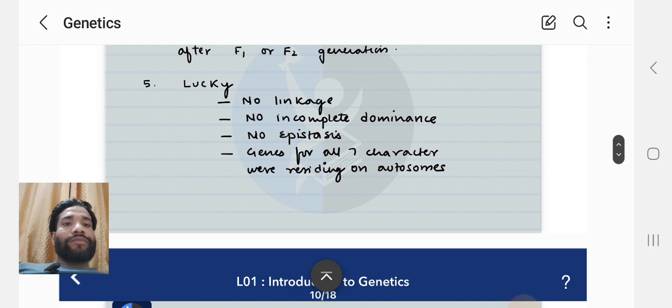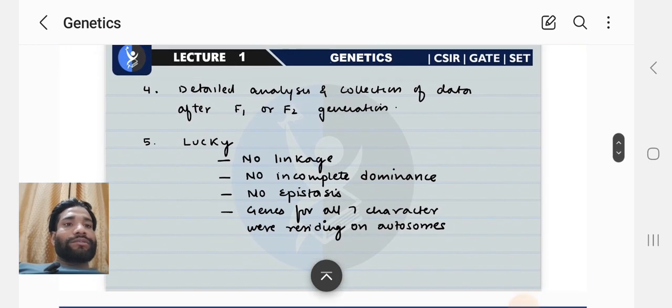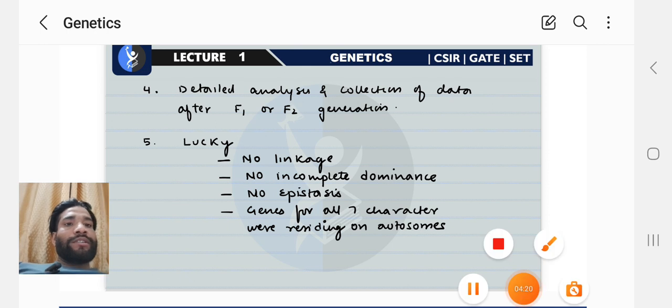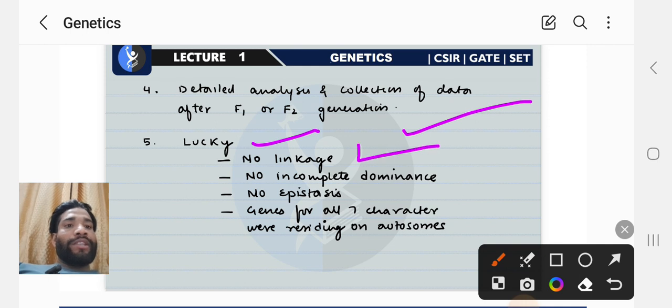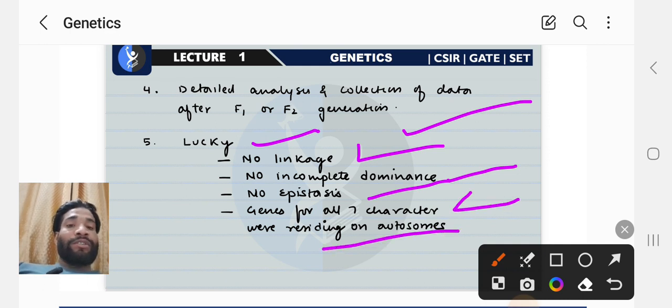Fourth, they did a detailed analysis and collection of data after the F1 and F2 generations. And luckily, Gregor Mendel chose plants that had no linkage, no incomplete dominance, and no epistasis, and the genes for all seven characters were residing on autosomes, not on the sex chromosomes.